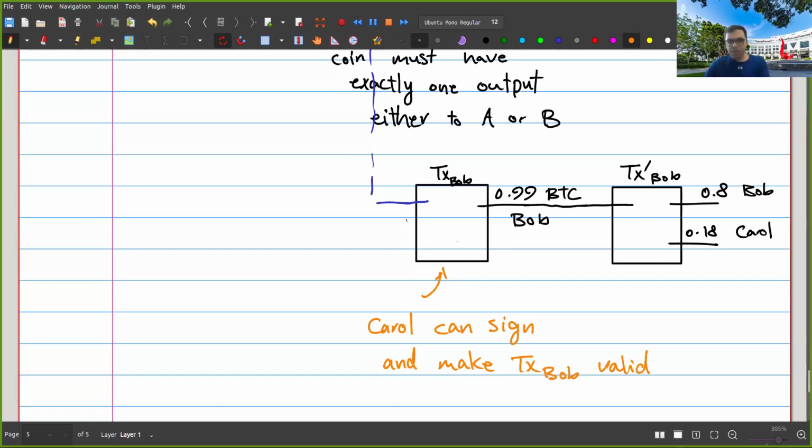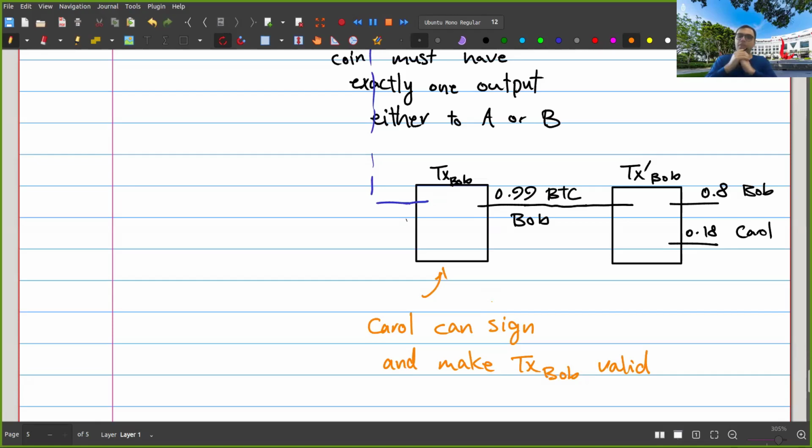But as soon as she does this, then this next transaction will also be valid, which means that she can just sign the first transaction, make it valid, and then publish both transactions. And miners will pick up both of the transactions, and as soon as both transactions are added to the blockchain, Carol is paid.